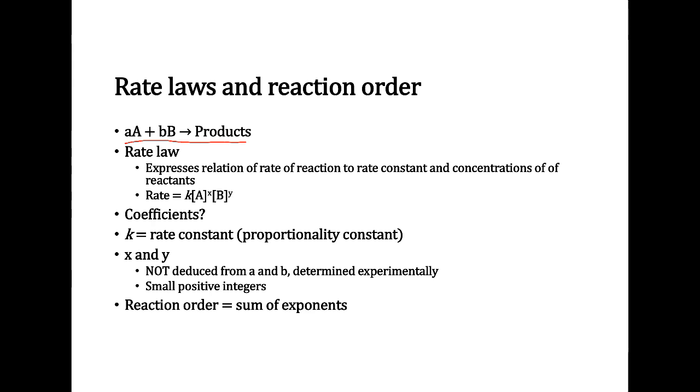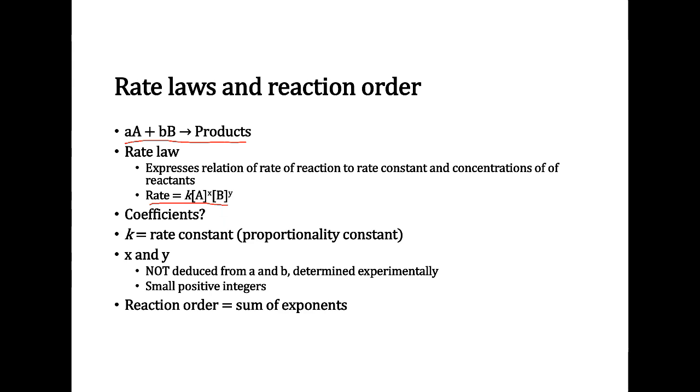But whenever we start to write the rate law, it is an expression that relates the rate of the reaction to the rate constant and then the concentration of the reactants. So what that means is you're going to have an expression like this, where we say rate is equal to K, the rate constant, times the concentration of A to the X times B to the Y.